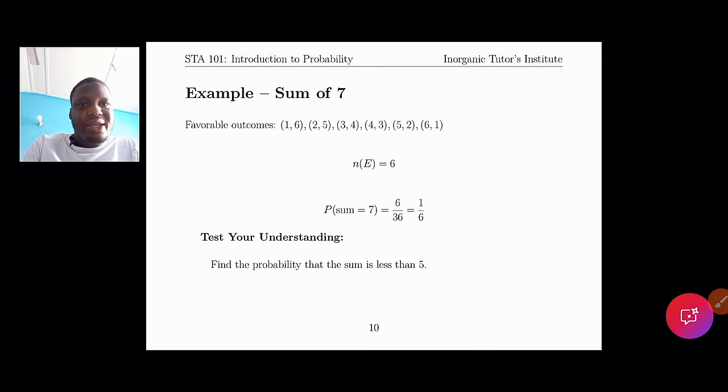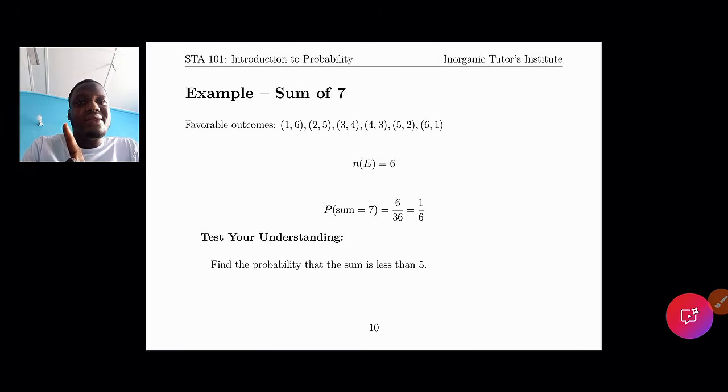So kindly try to test your understanding, which says find the probability that the sum is less than 5. You first state your events. You'll be seeing events like 1 1, because the sum is less than 5. You'll be seeing 1 2, 1 3, but you can't add 1 4, because the sum of 1 and 4 is 5.